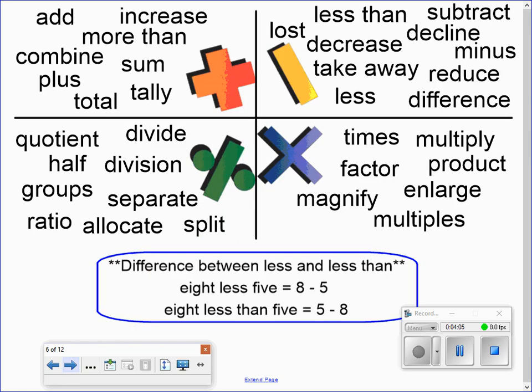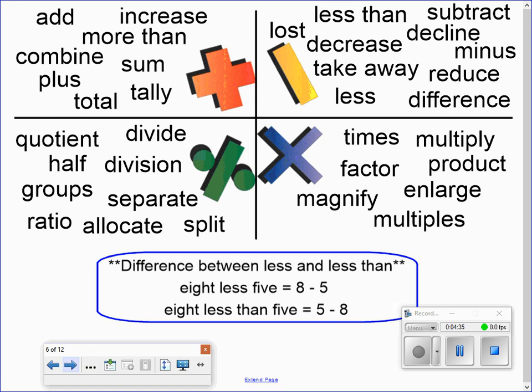Okay. Remember that when we are solving equations, typically we're also having to write them from word problems. So think about some words that would indicate different operations. For addition, you might see add, increase, more than, sum, total. For subtraction, you might say take away, decrease, reduce, decline, or descend.